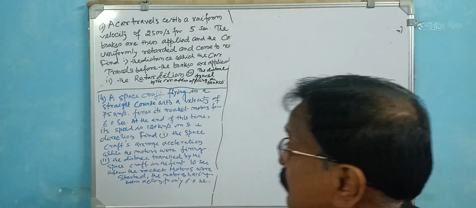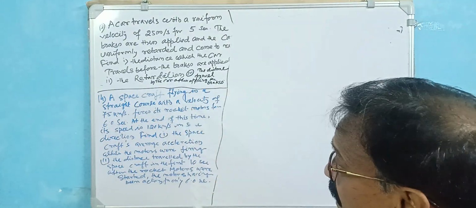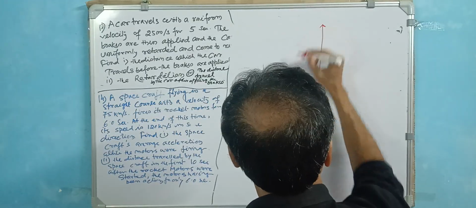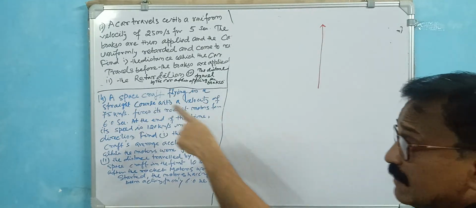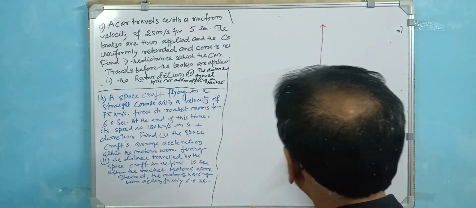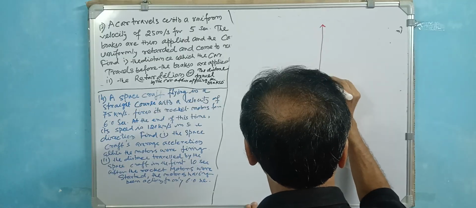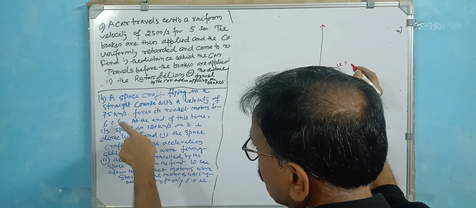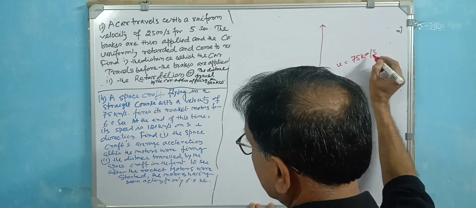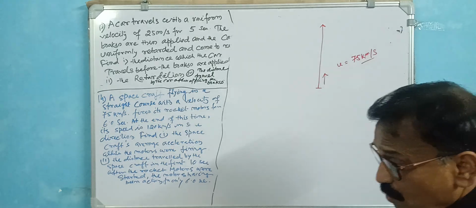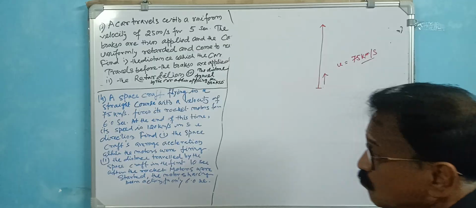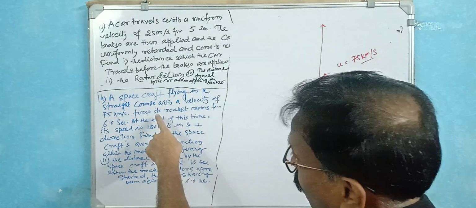A spacecraft is flying in a straight course with a velocity of 75 kilometers per second, that is the initial velocity, U. It fired its rocket.